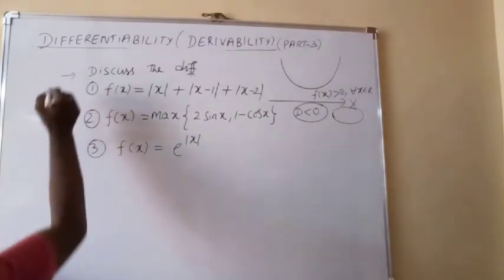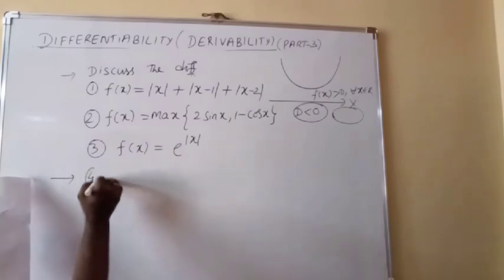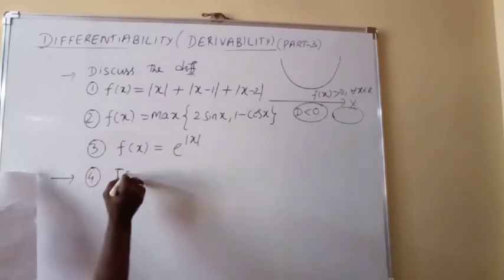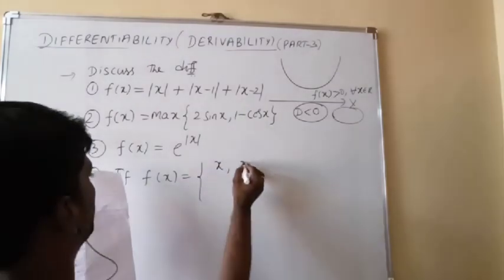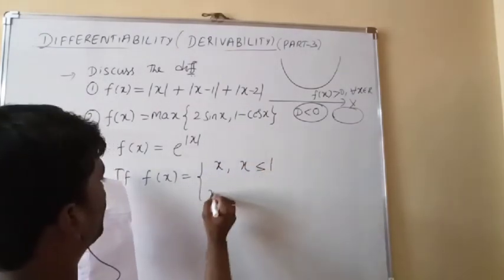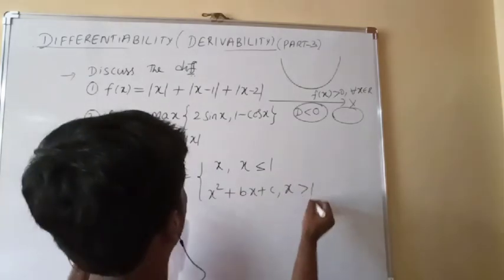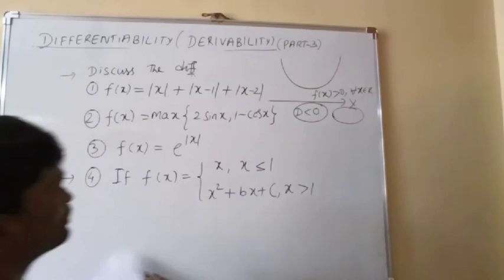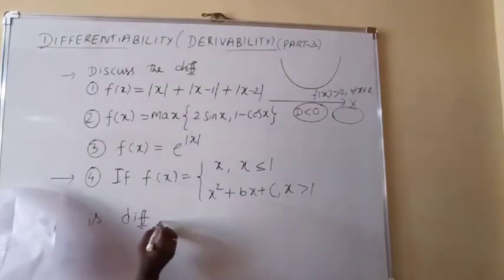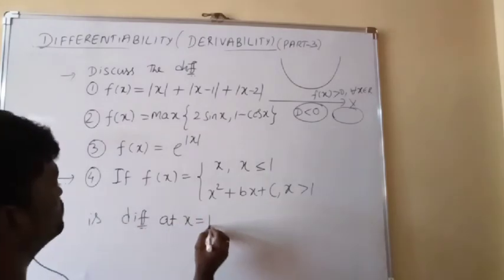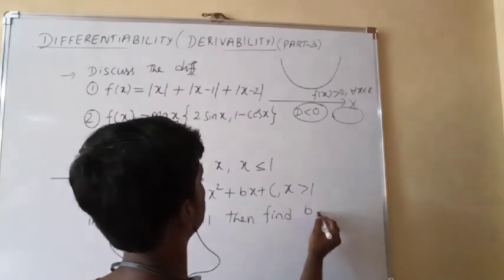These are one kind of problems. Next kind of problems, this is also homework. If f of x is equal to x for x less than or equal to 1, x square plus bx plus c for x greater than 1, is differentiable at x is equal to 1, then find b and c.